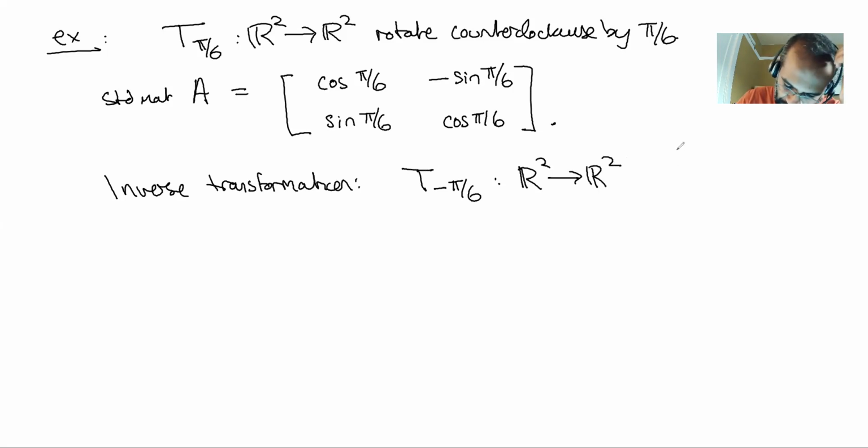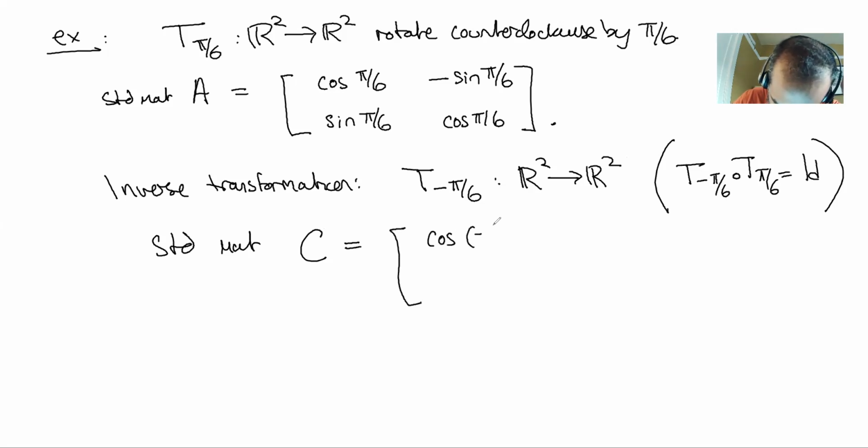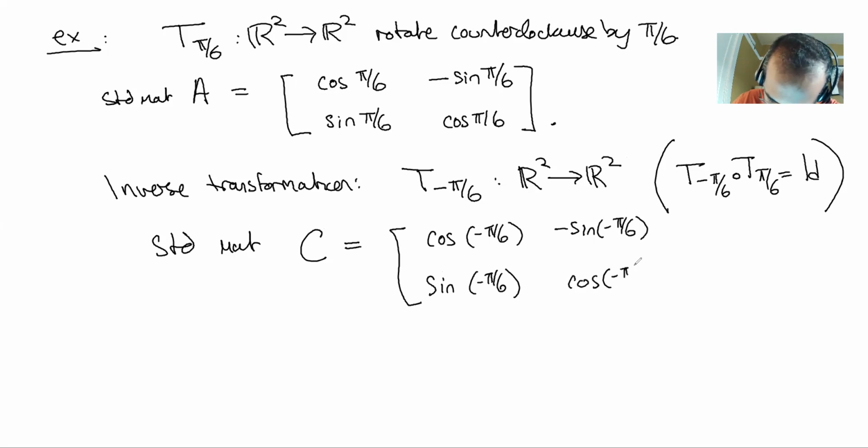So by inverse transformation, I mean that this satisfies T minus pi over 6 of T pi over 6 is identity. Well, what's its matrix? Its standard matrix, let's call it C for now because we don't know it's the inverse yet, is cosine minus pi over 6, sine minus pi over 6, minus sine minus pi over 6, cosine minus pi over 6.